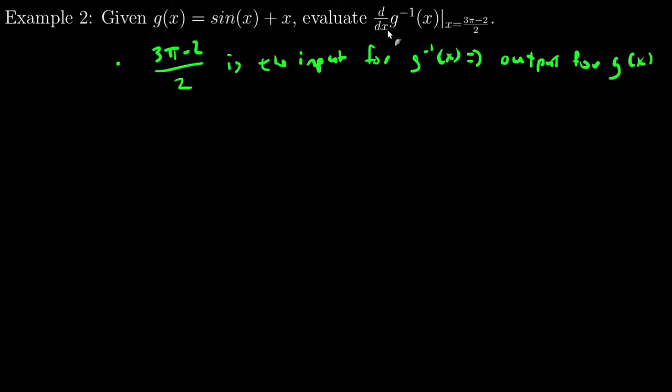And so what I'll do is I will set g equal to (3 pi minus 2) over 2. Now, depending on the equation here, depending on the resources you have, I could try to solve this algebraically. And in this one, I don't have a great method to do it.